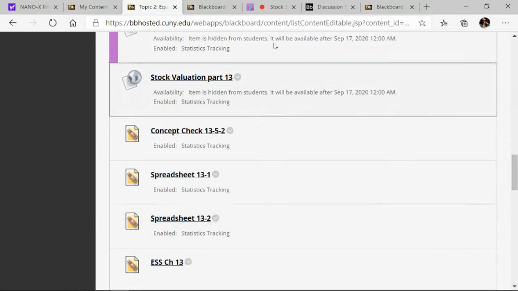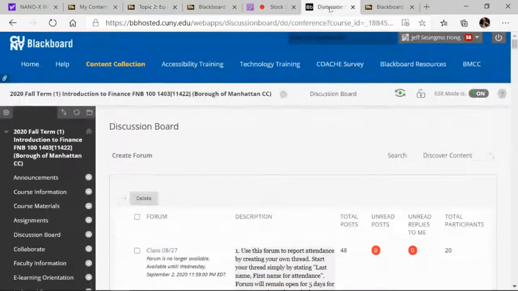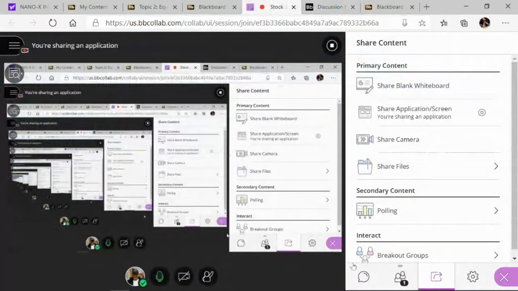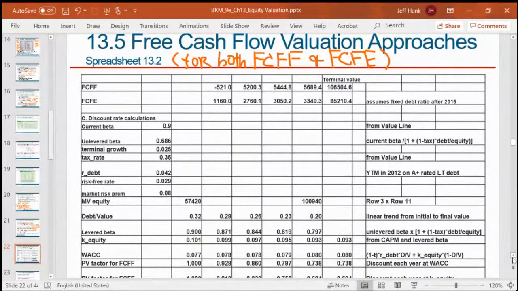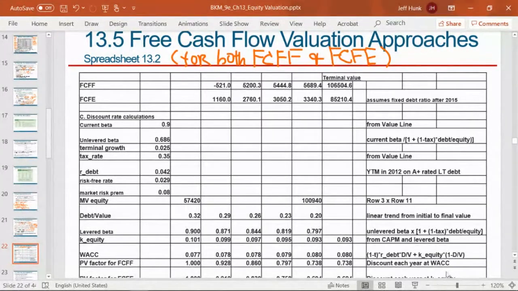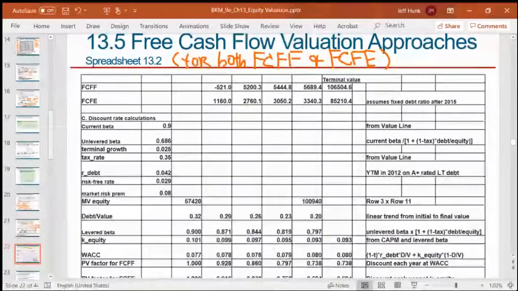And you will find it's not exactly like what's on here, because the input data has been updated, right?